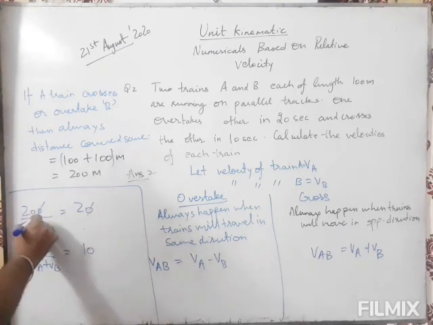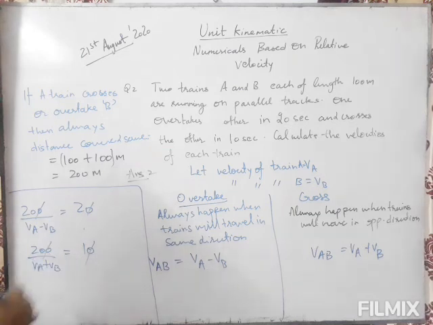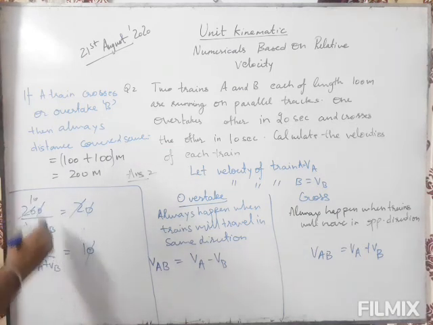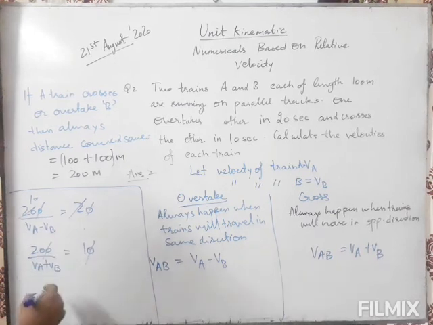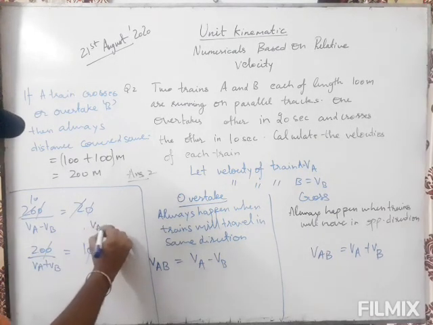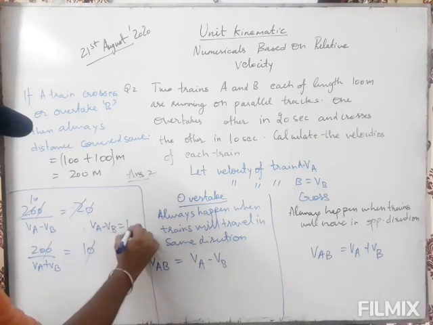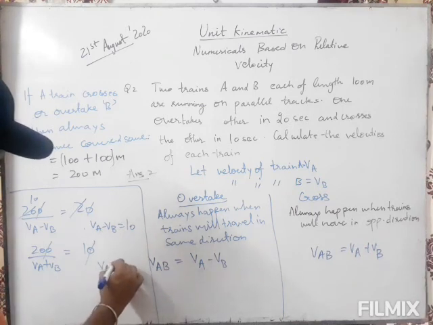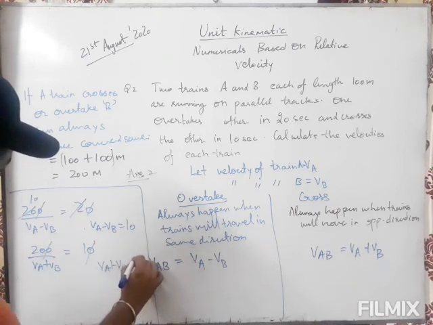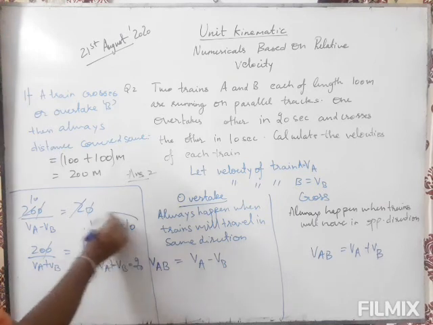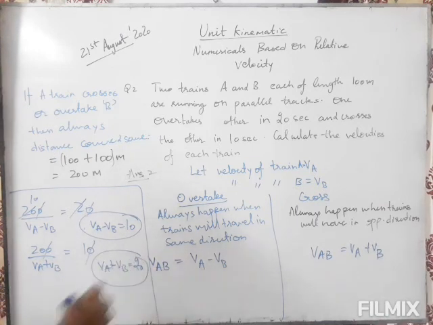Now cancelling the things, 10 and 20. So Va minus Vb will be equal to 10 and Va plus Vb will be equal to 20. From these equations we can easily solve the values of Va and Vb.